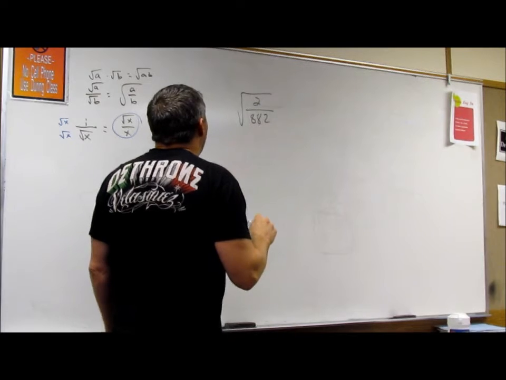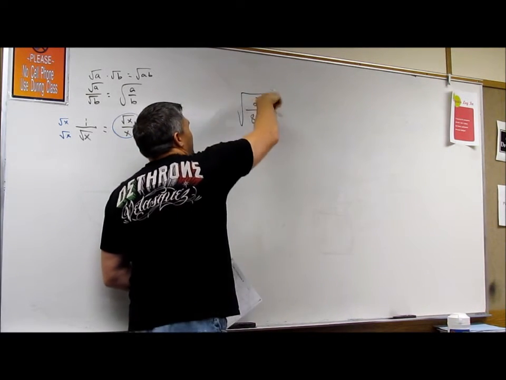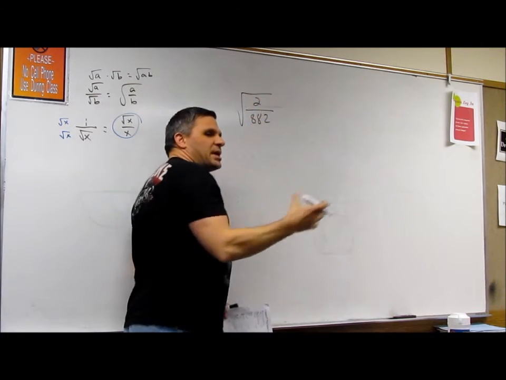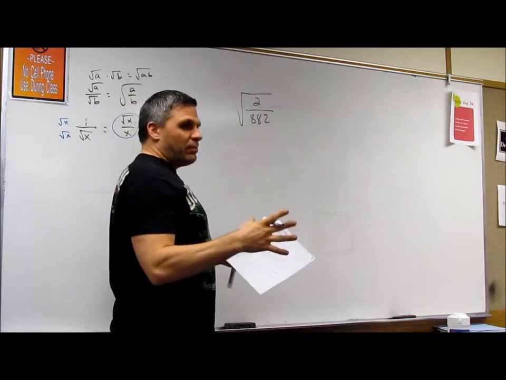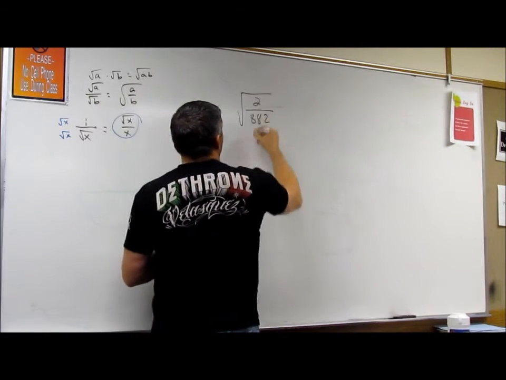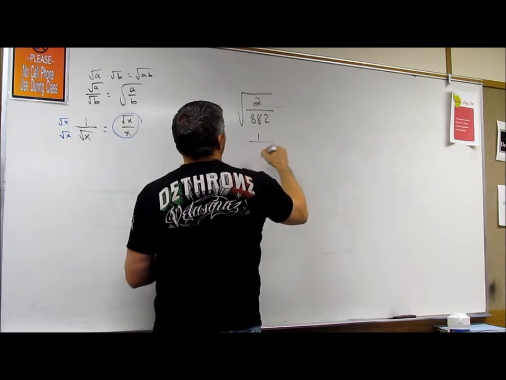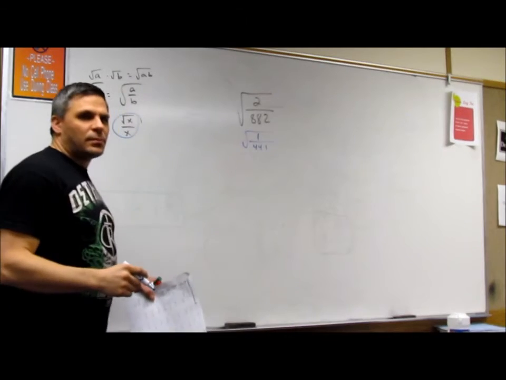Okay? And so what we got to do is break it down. First thing, whenever you got this whole thing, just like in other chapters, break down the fraction first. If you can break it down, break it down. So does 2 go into this? And yes, it does. So it's 1 over 441. Okay?